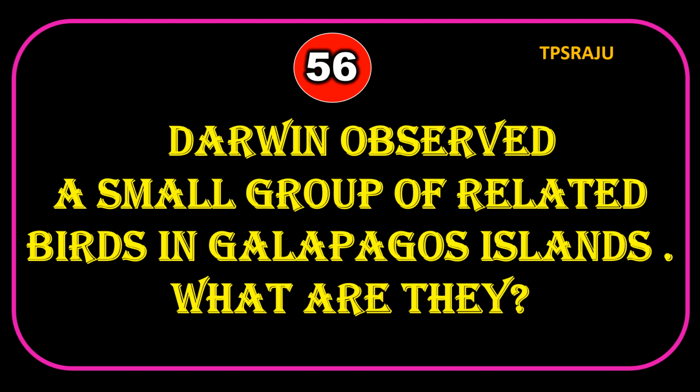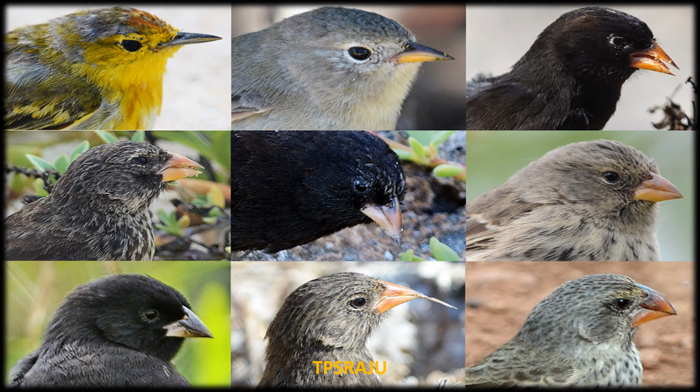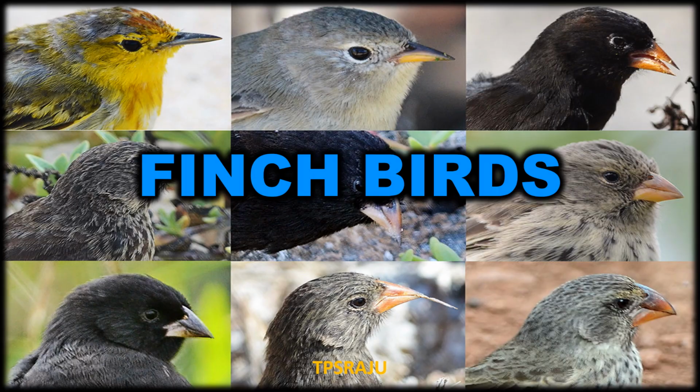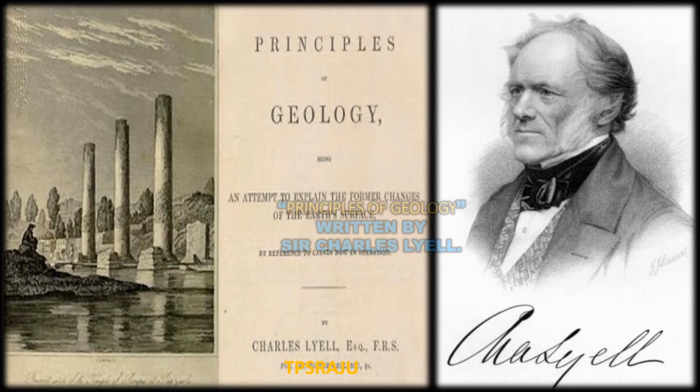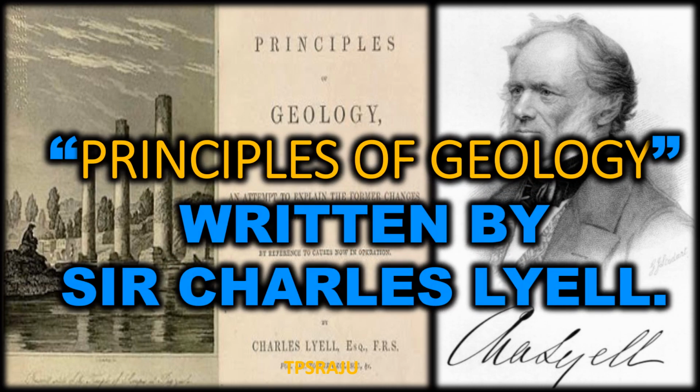Darwin observed a small group of related birds in Galapagos Islands. What are they? Finches. Darwin was influenced by a book. Which is that? Principles of Geology, written by Sir Charles Lyell.